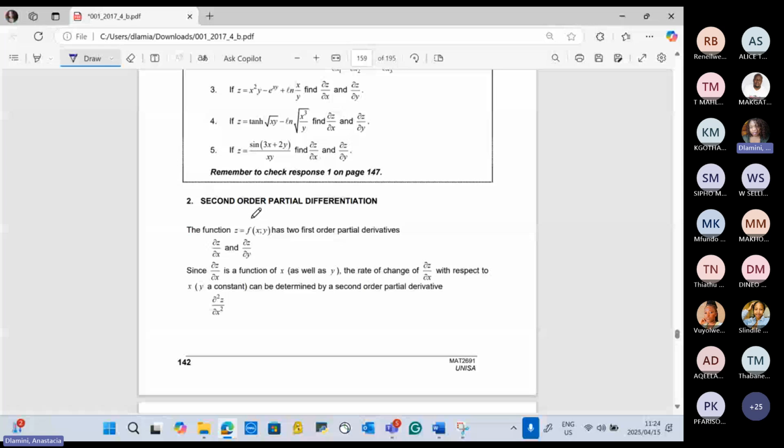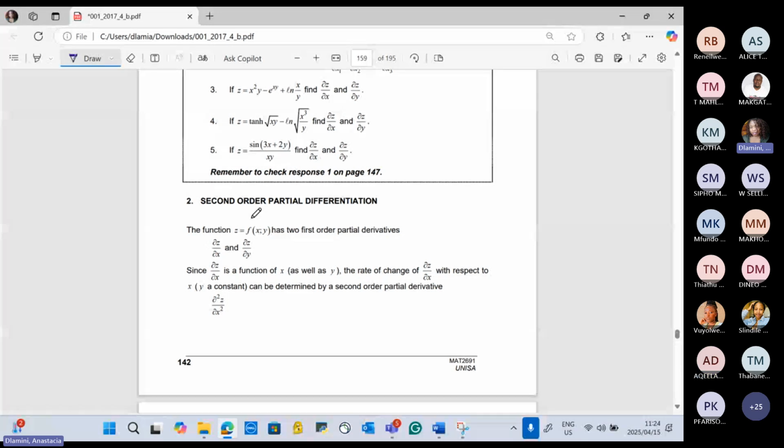Are you hearing that? Two. So if you go in the exam and are asked to find all partial derivatives, you're going to find all first partial derivatives and all second partial derivatives. How many first order partial derivatives does a function with two variables have?